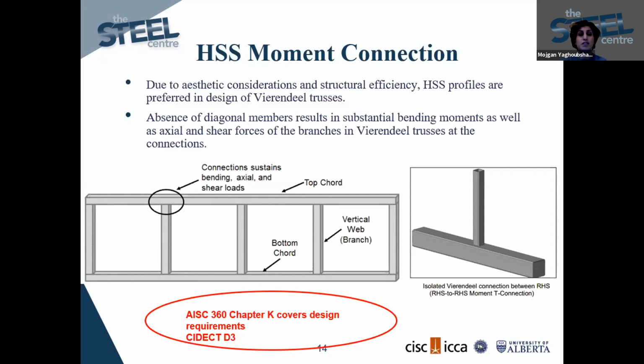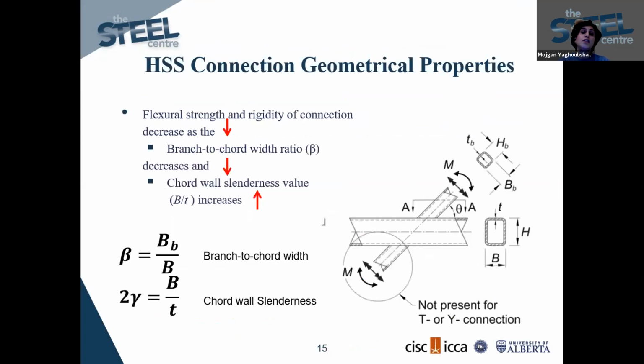Actually, this is when we deal with design of such semi-rigid connections with HSS profiles. As I mentioned, these connections are not fully rigid connections.